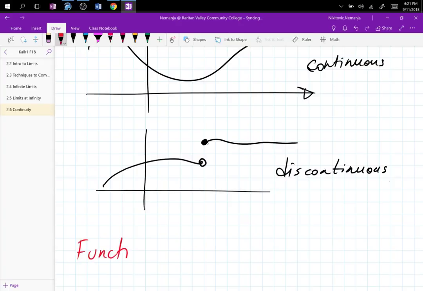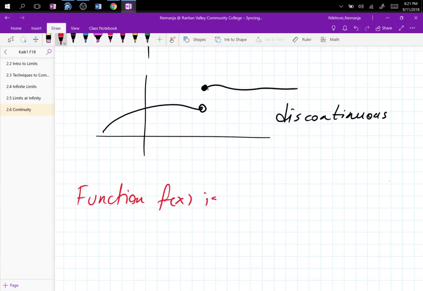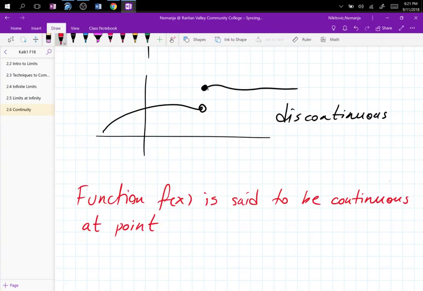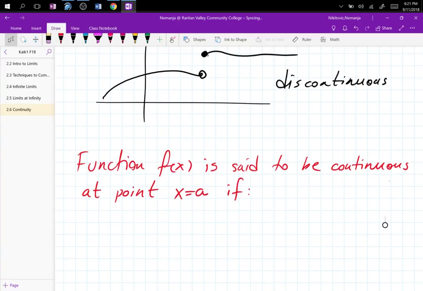Function f of x is said to be continuous at point x equals a if, and now we have three conditions that we have to memorize and use.